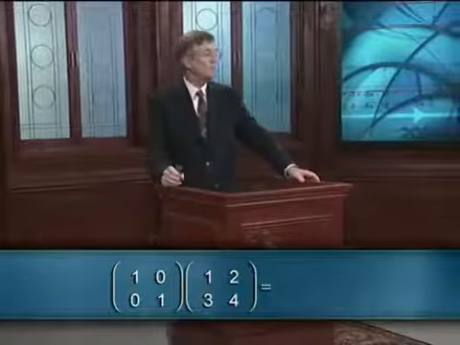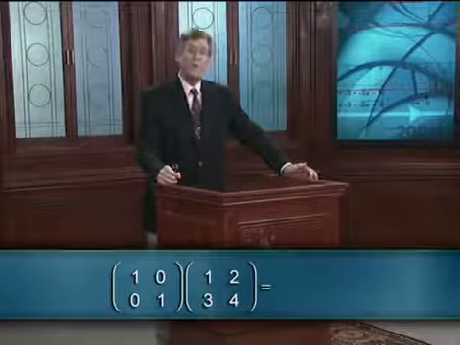Okay. I talked about that interesting answer we had on a previous problem, that matrix that was 1, 0, 0, 1. That's called an identity matrix, the multiplicative identity. And here's why. Let's take that 2 by 2 matrix and multiply it by an arbitrary 2 by 2 matrix, say 1, 2, 3, 4. What do we get? Well, do it in your head.